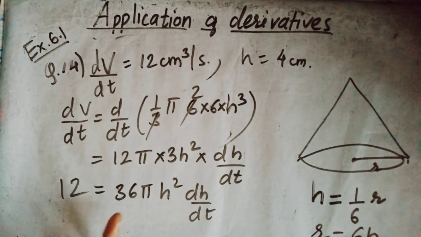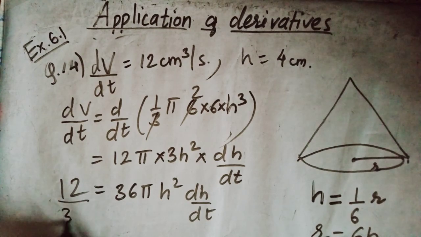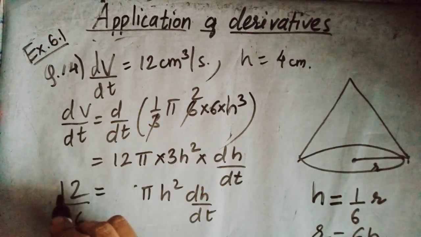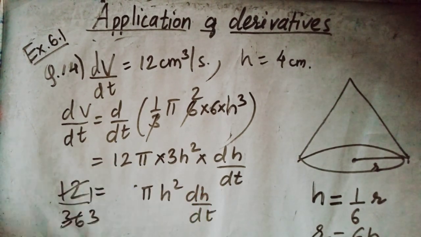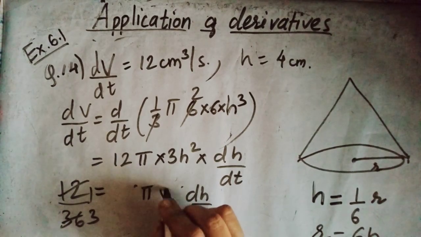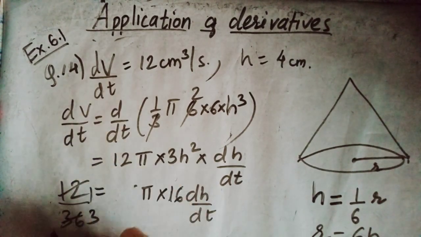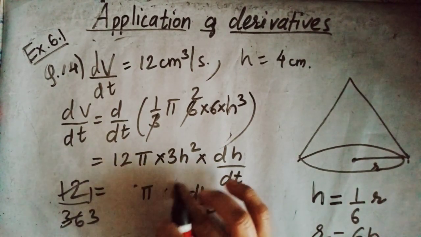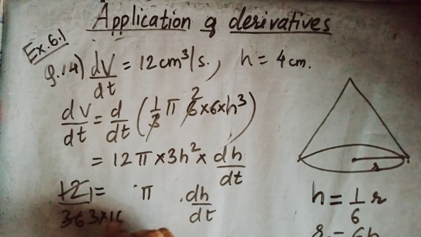Now take this 36 here, so this will be 1/3. Also h is given 4, so you can substitute here, so this will be 16. That 16 you can take here again, so 3 into 16.